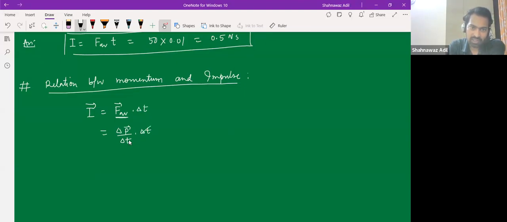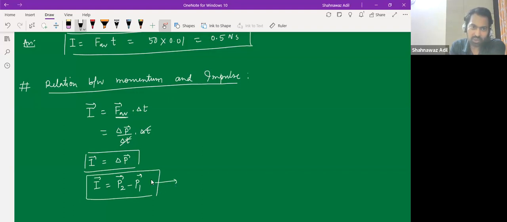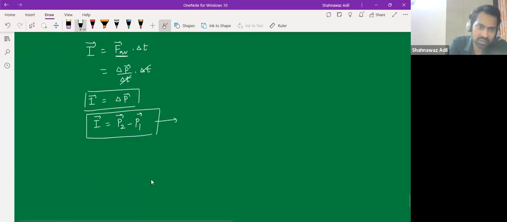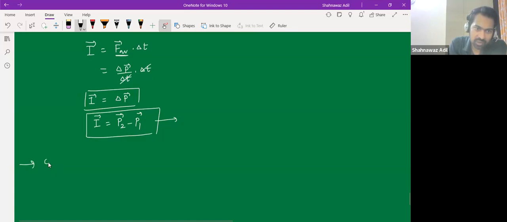So this delta T cancels, and impulse is simply delta P. So I is P2 minus P1, or P final minus initial. So impulse is also defined as change in momentum.